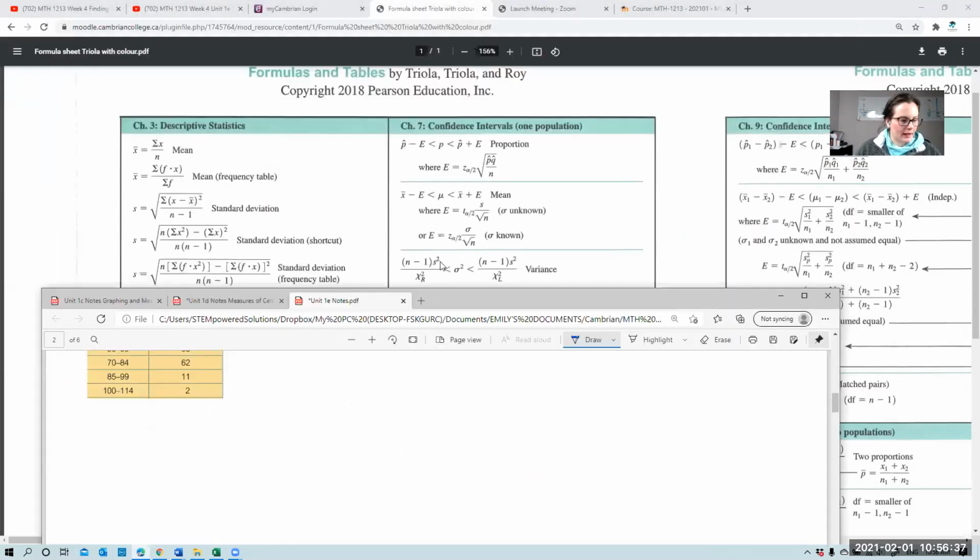So there we go. Now I can write the formula down, and I can use the values that I just calculated.